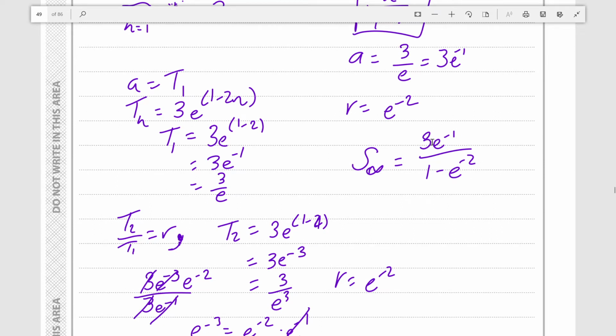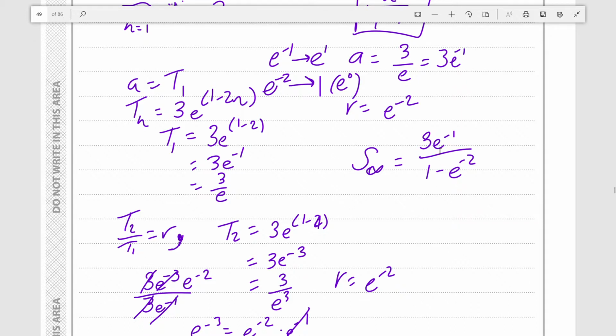So, what we will do is multiply both the numerator and the denominator by e squared. Why is this? Because if we want e to the negative 1 to go to e to the 1, and that e to the minus 2 to go to 1, which is e to the 0, then we will need to multiply everything by e to the power of 2.